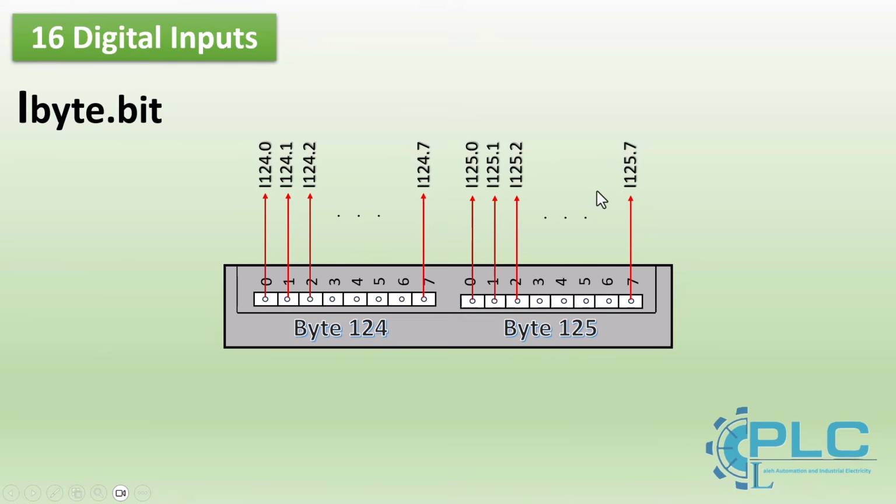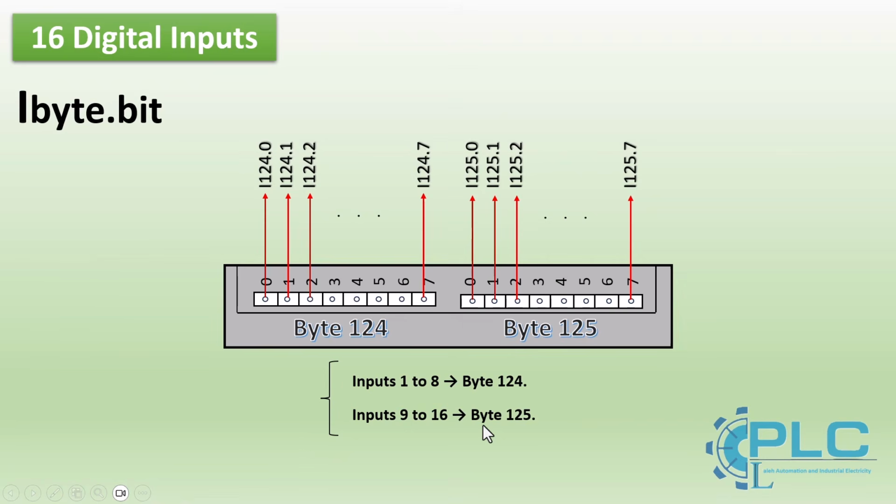So, our 16 inputs are distributed across 2 bytes. Inputs 1 to 8 use byte 124. Inputs 9 to 16 use byte 125. And this is the important rule to remember. When all 8 bits of 1 byte are used, the next digital I/O point continues at the next byte.